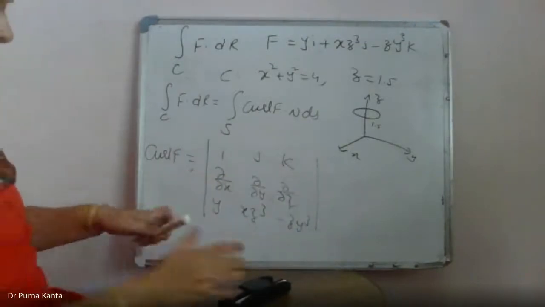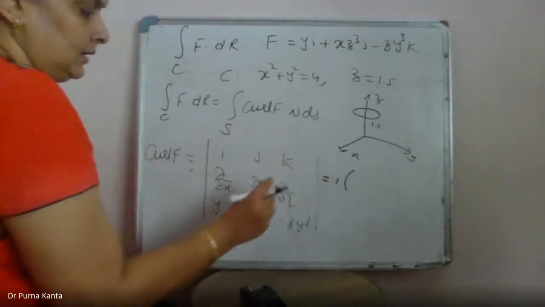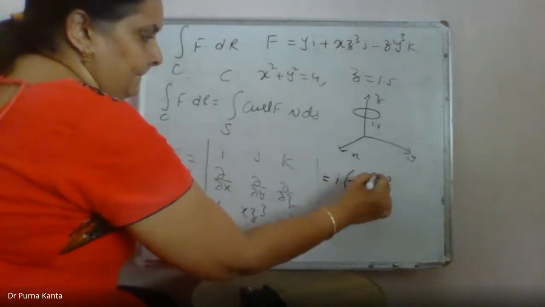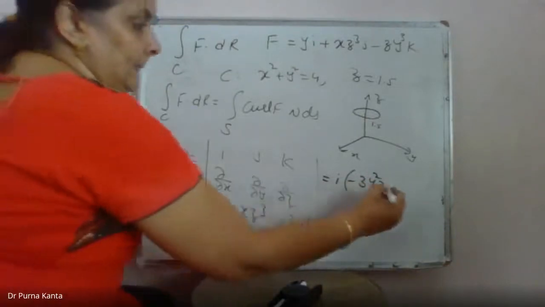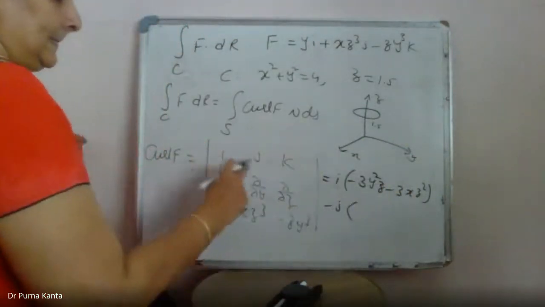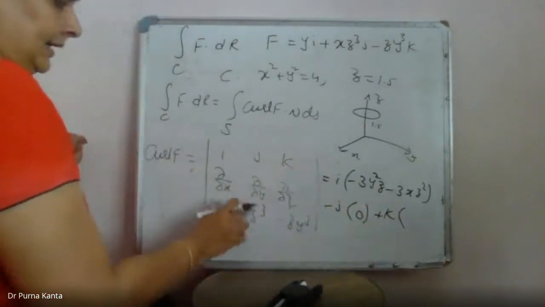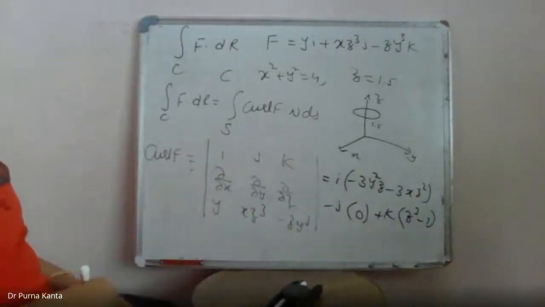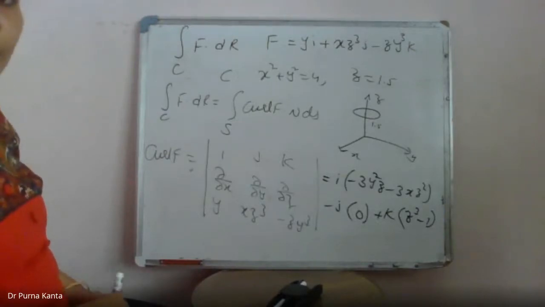So this is equal to i times, dou by dou y, minus 3y squared z, minus 3xz squared, minus j times, x is 0, y is 0, k times x is z cubed minus 1. So this is the value of curl F we have.